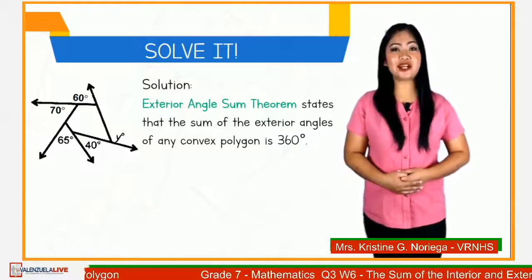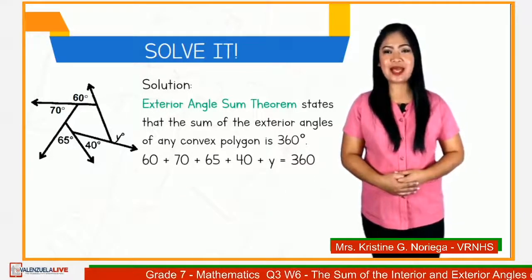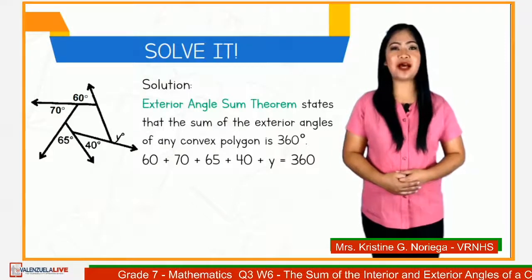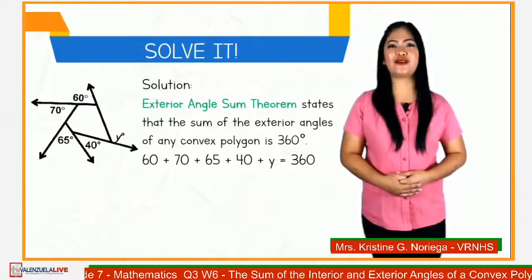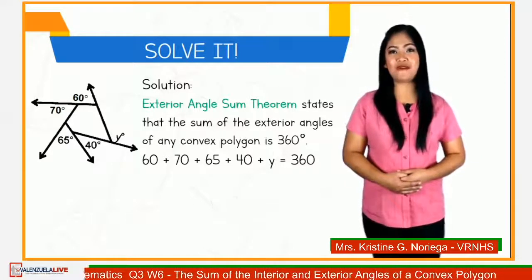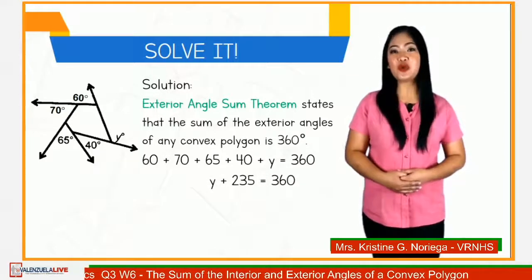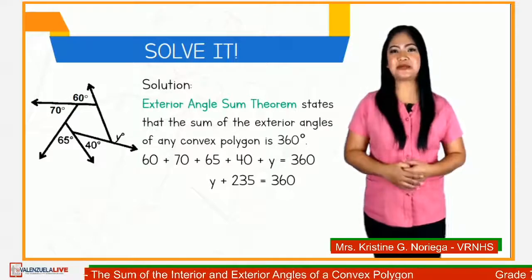Then, let us start solving by adding 60 plus 70 plus 65 plus 40 plus y equals 360. Simplifying this, we will have y plus 235 is equal to 360.